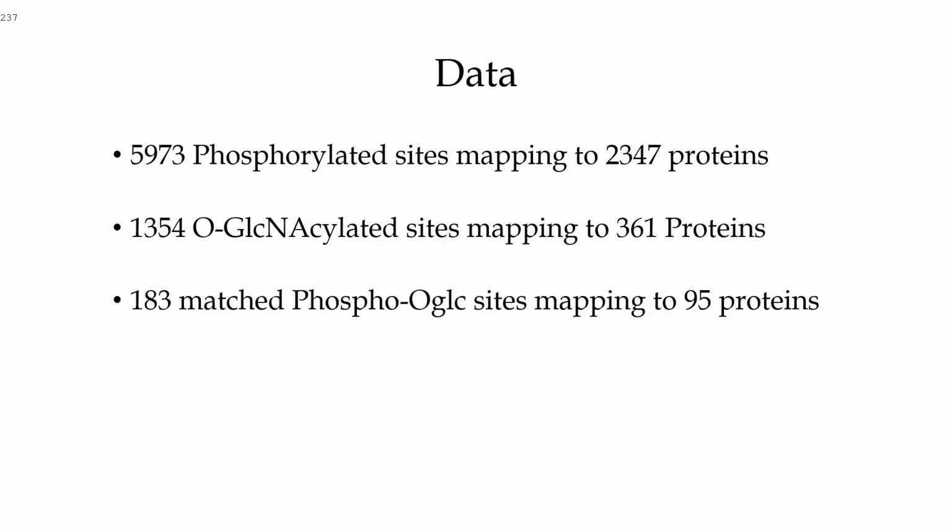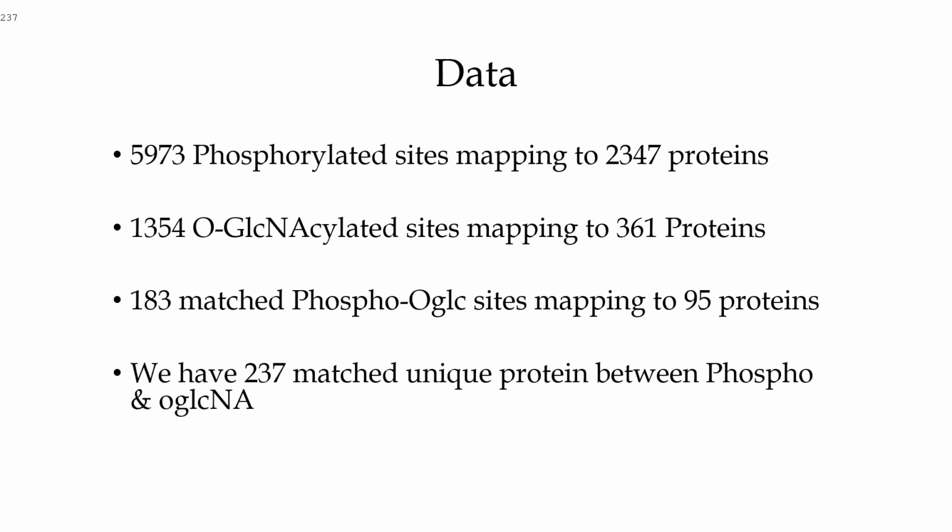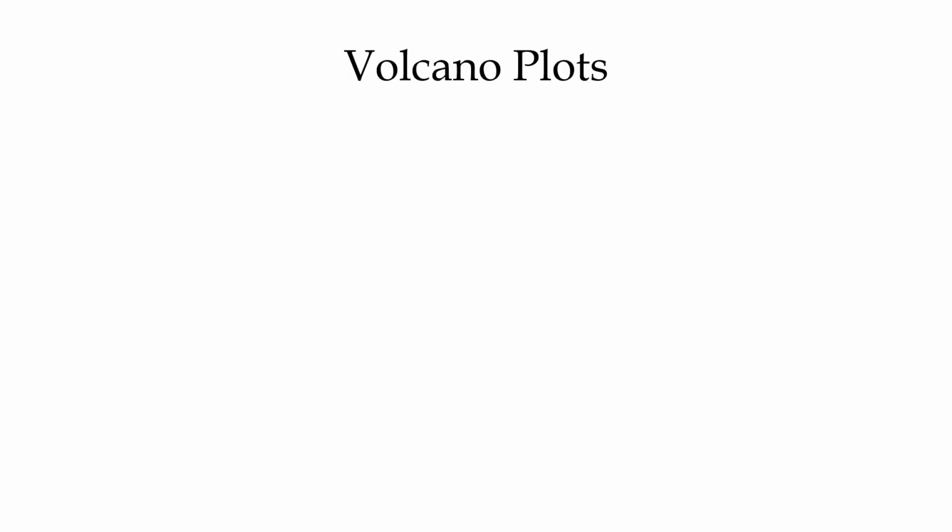There are 183 sites mapping to 95 proteins that are common between phosphorylation and O-GlcNAcylation, and we have 237 unique proteins between phospho and O-GlcNAcylation. We performed statistical analysis of both PTM data, and we identified the sites that are statistically significant in phosphorylation and O-GlcNAcylation.